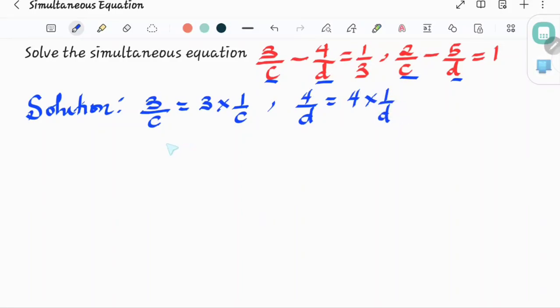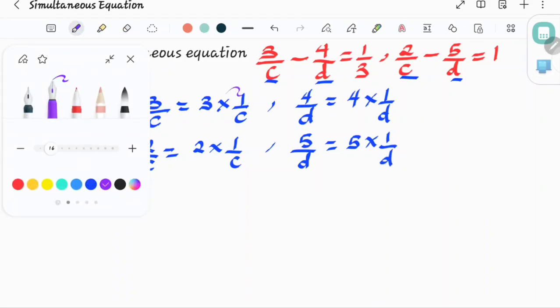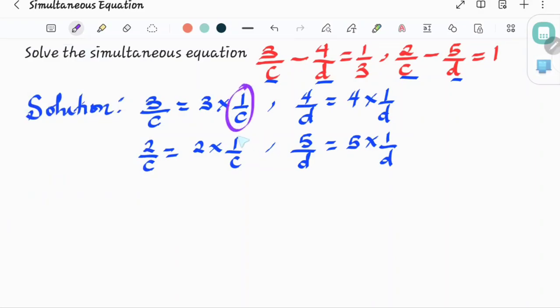Also in this second part, we can say 2 over c is also the same as 2 times 1 over c. And also 5 over d is also the same as 5 times 1 over d. Now you can see that we are having 1 over c here, 1 over c here, 1 over d here, 1 over d here.